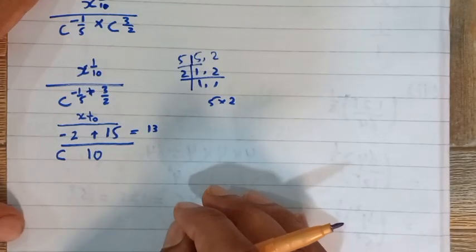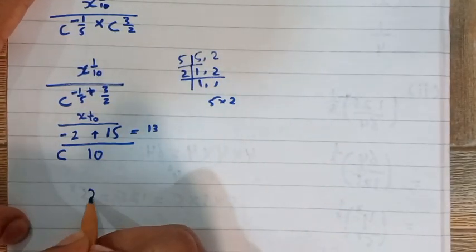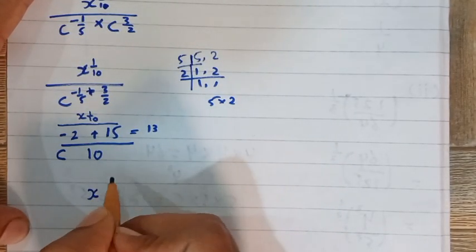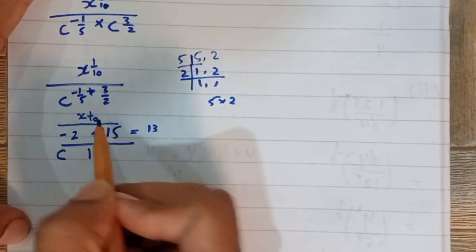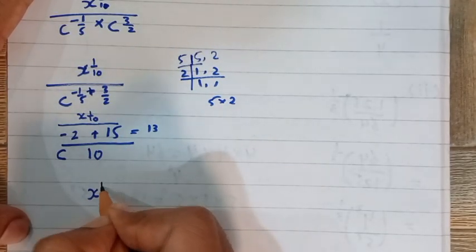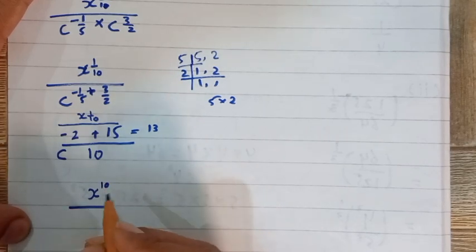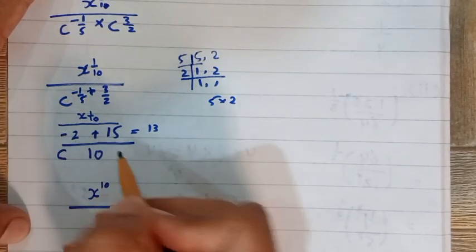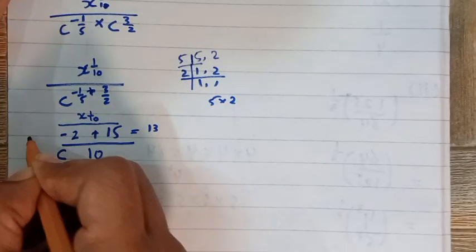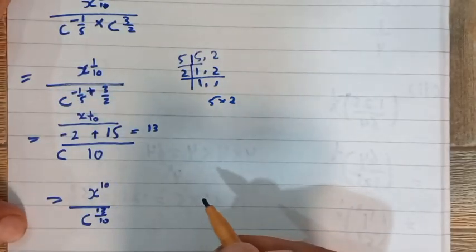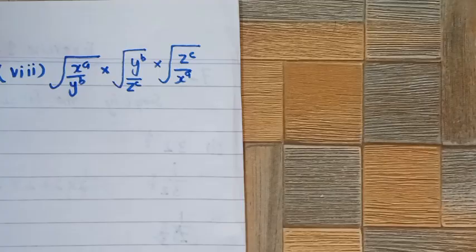So my answer is x power 13 over 10. Here I am changing the sign, so it is 13 over 10. This is my answer. Hence it is simplified.